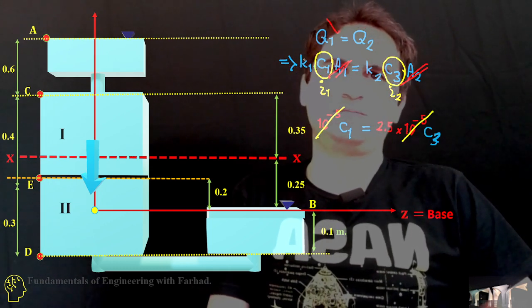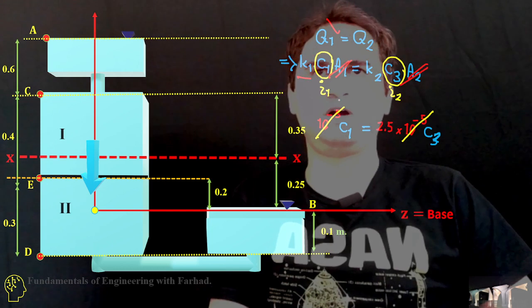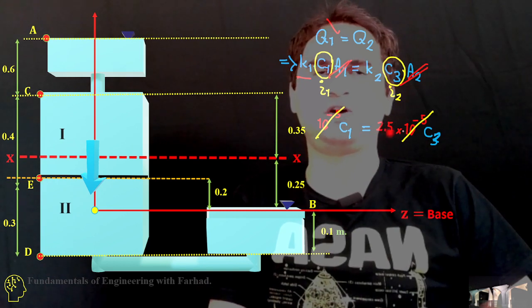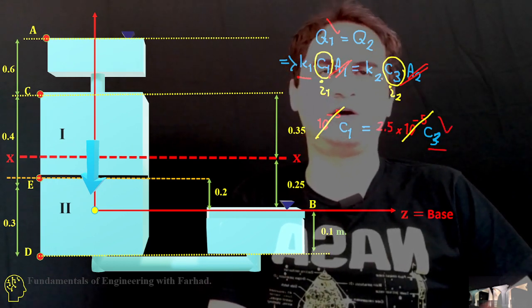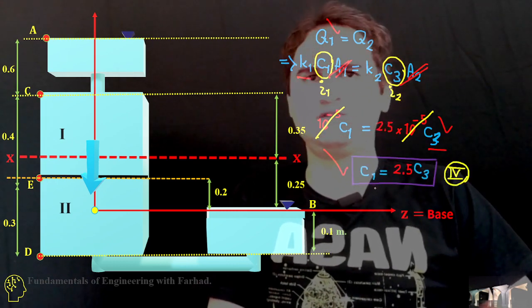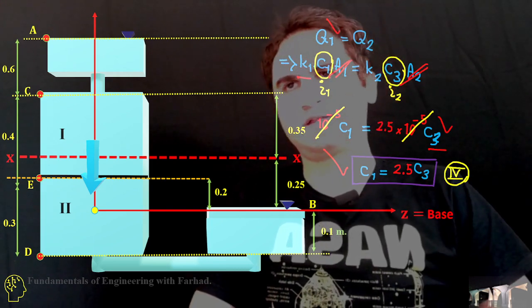So based off the problem statement, K1 is 10 to negative 5 times I1, which is C1, is equal to 2.5 times 10 to negative 5 times C3, which is our I2. And it just gives us the last equation, which is C1 is equal to 2.5 times C3.